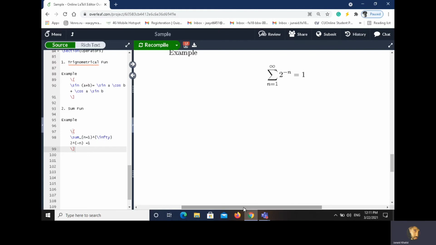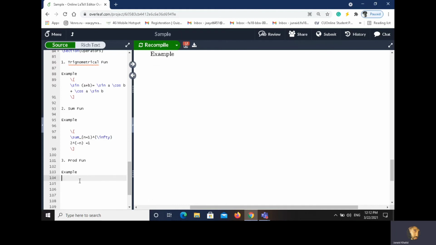Third one, product function, and now we are going to write the product function. Product function example. Let's compile. So here it is, product function example.